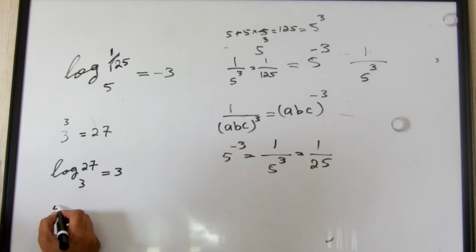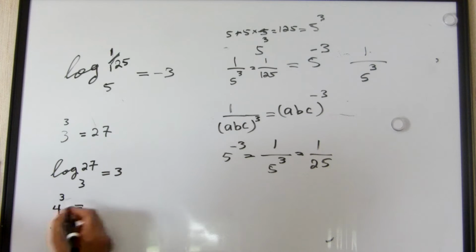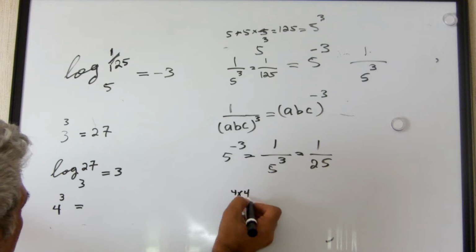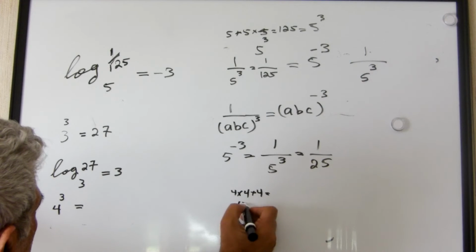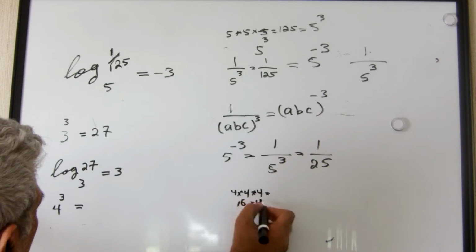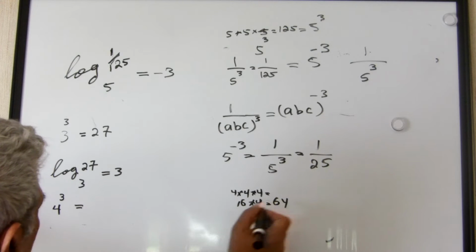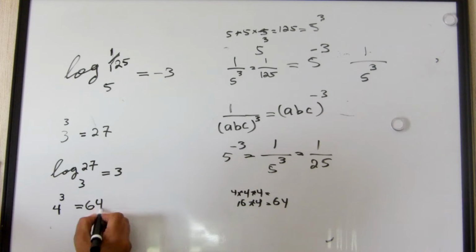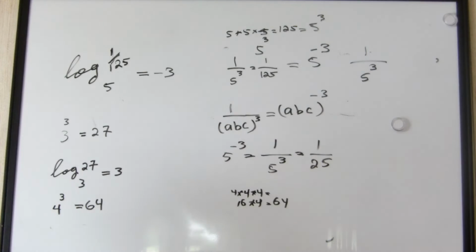Okay, 4 to the power of 3. You know that 4 to the power of 3 is 4 times 4 times 4, 16 times 4, 64. It is going to be 64. You can use the calculator. You know, in examination, when you go to university, almost all universities let you use a calculator. So it's going to be easy.